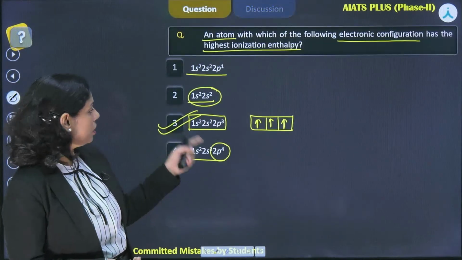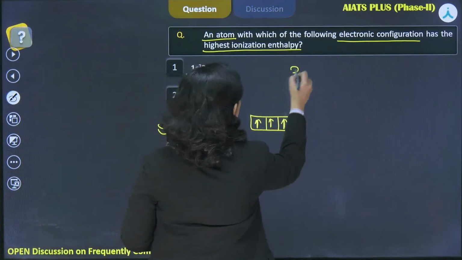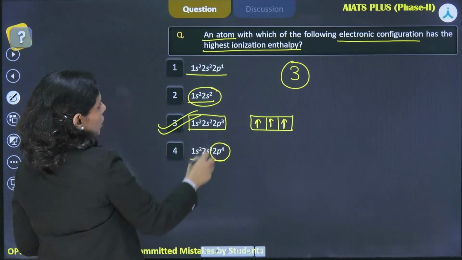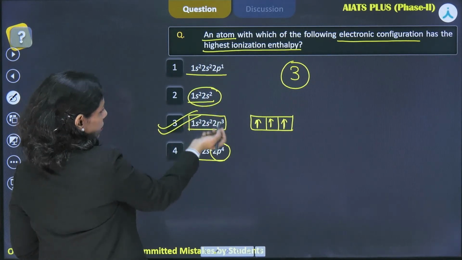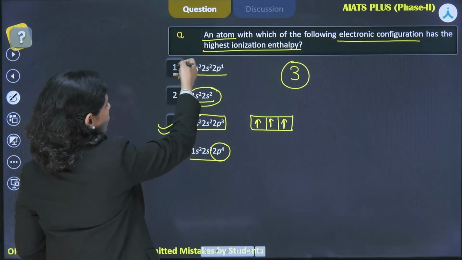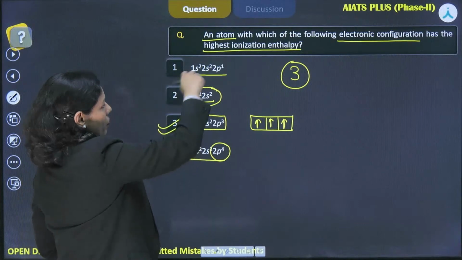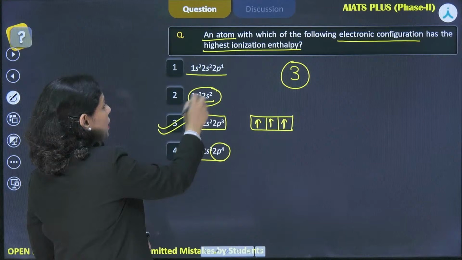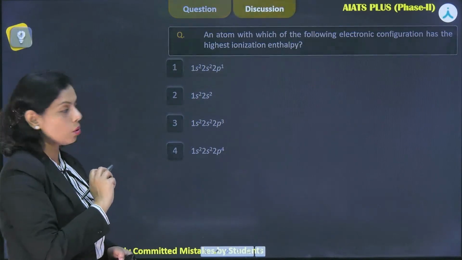See, in this question, the highest is for the third one, right? Now the removal of electron is, if I am comparing the fourth one and the first one, then the first one would have less ionization enthalpy as compared to the fourth one, then the turn for the fourth will come and then the second one, this way. Okay.